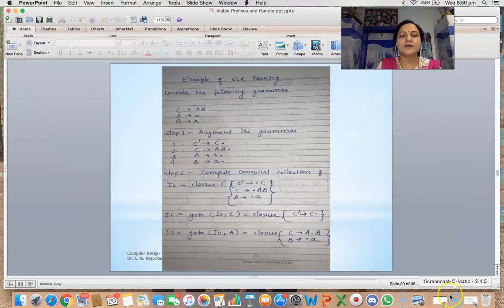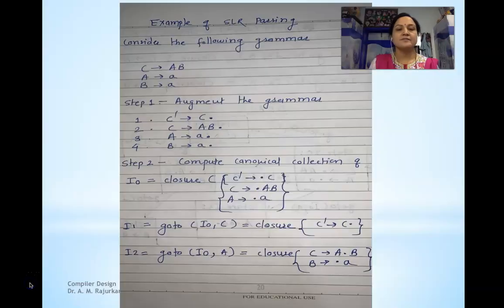Now let's come to our example. Here we will need these two algorithms to compute the closure and goto of the given productions. The second step is, once we augment the grammar, we give numbers to the grammar productions.